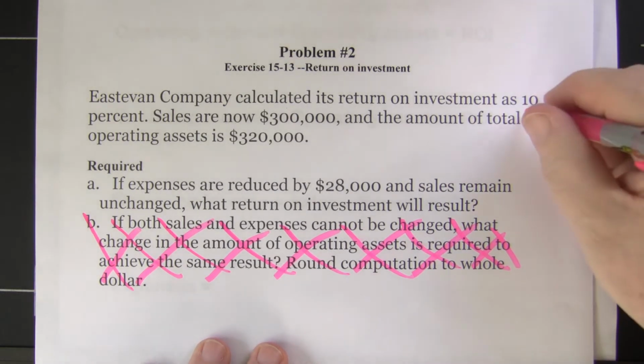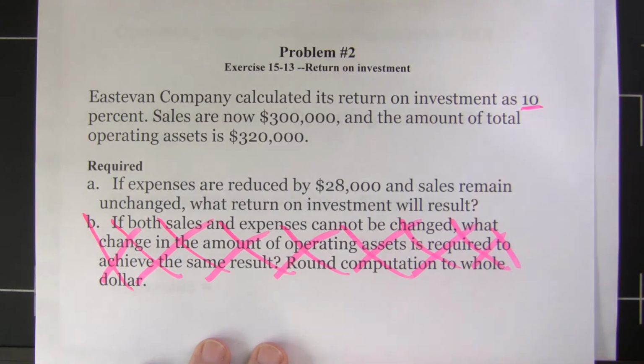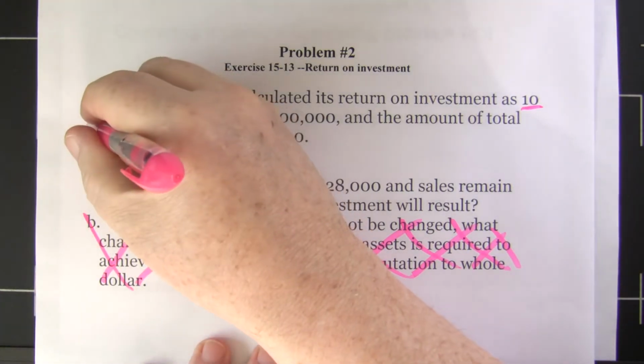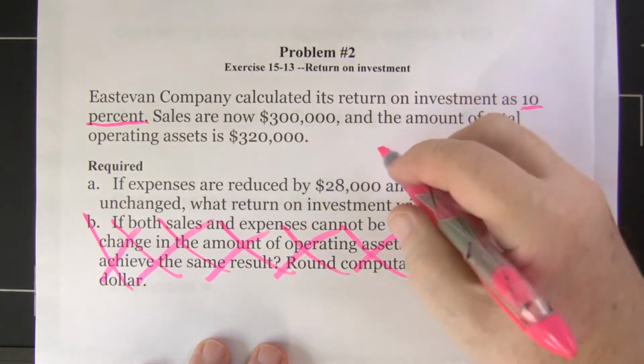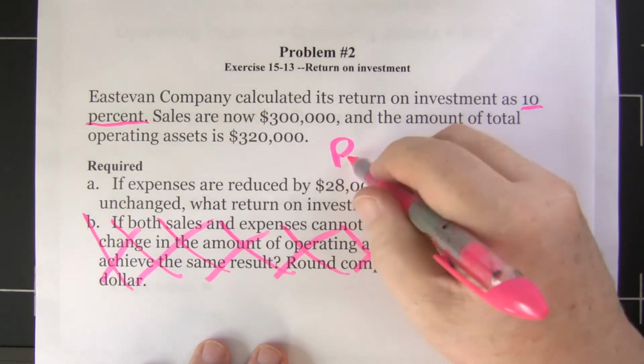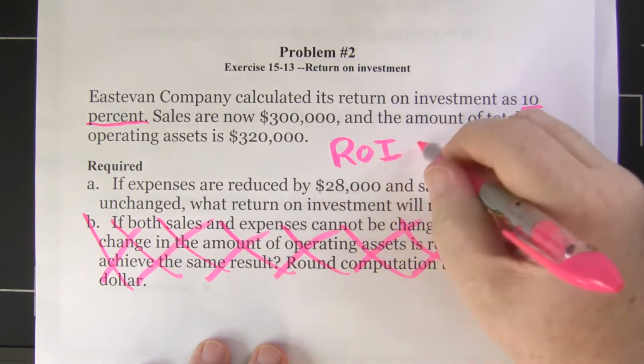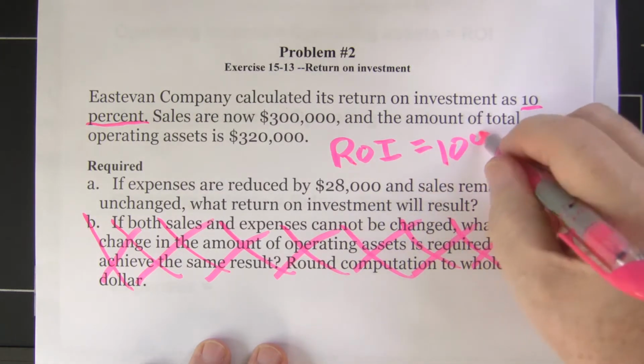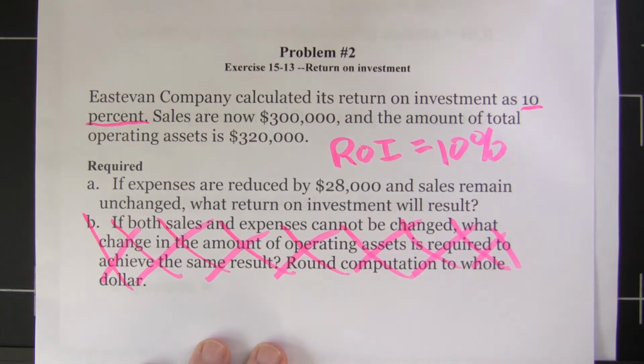Let's get all the pieces. 10% is our return on investment. So our ROI is 10%. And we know return on investment is operating income divided by operating assets.